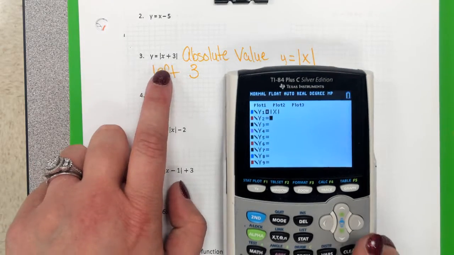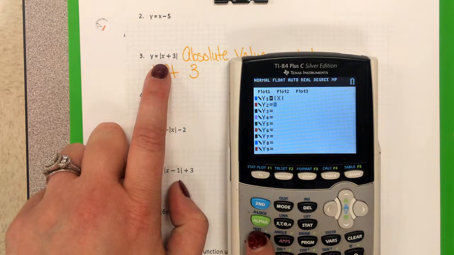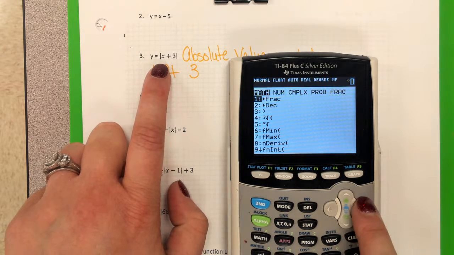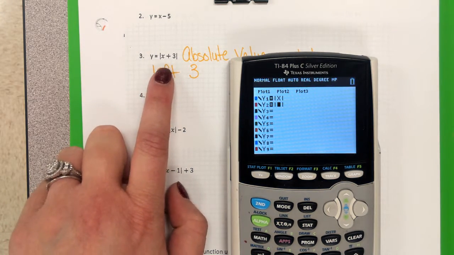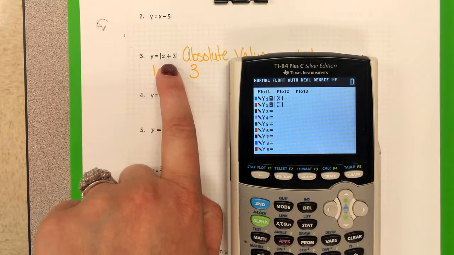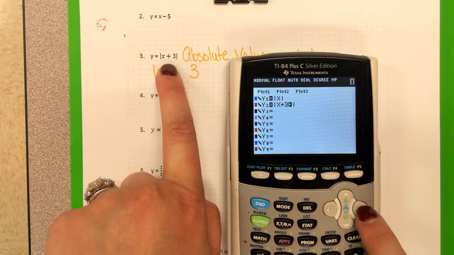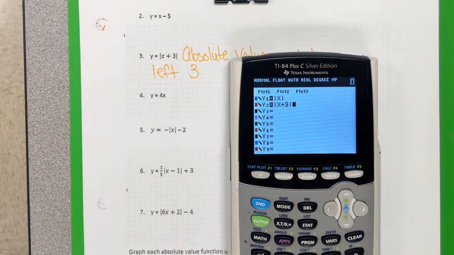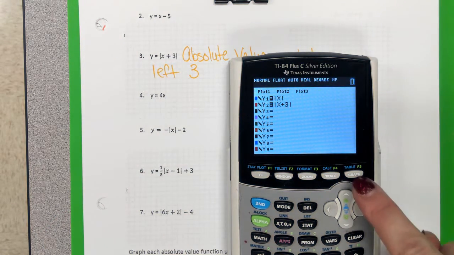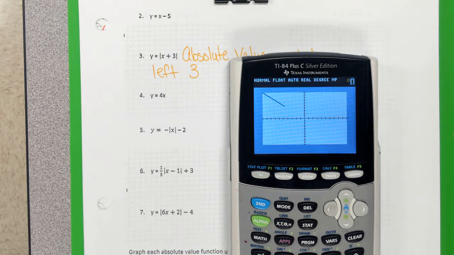Alright, how do we put an absolute value in? Math over to number. Now look at where the +3 is this time. The +3 is on the inside. So you hit x + 3 and either hit the right arrow button after the 3 or close your parentheses after the 3. Hit graph. And what should have happened?